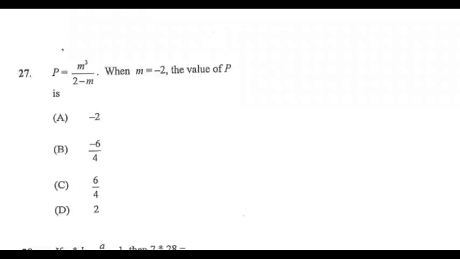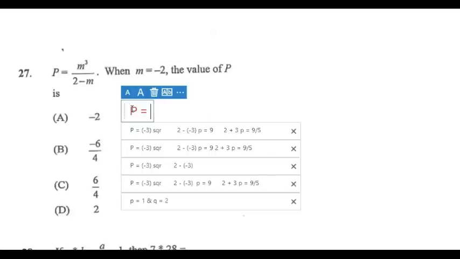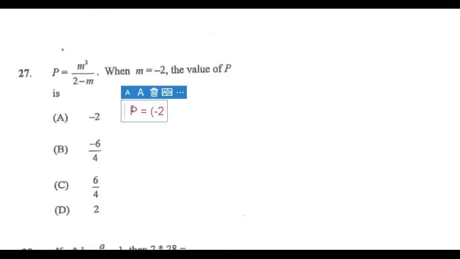27. p is equal to m cubed divided by 2 minus m, where m is equal to negative 2. So what we're doing is wherever we see m, we'll replace it with negative 2 to get the value of p. So therefore p is equal to negative 2 raised to the 3rd power, and all of that is divided by 2 minus negative 2.